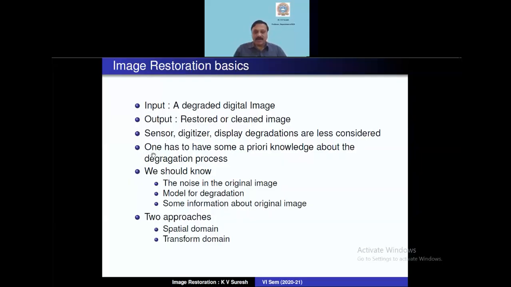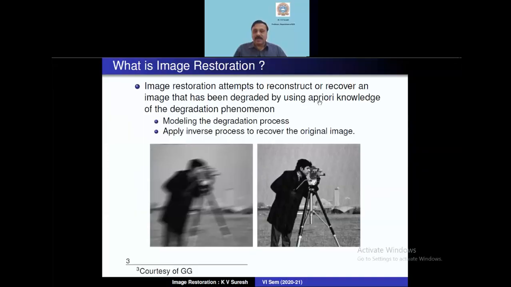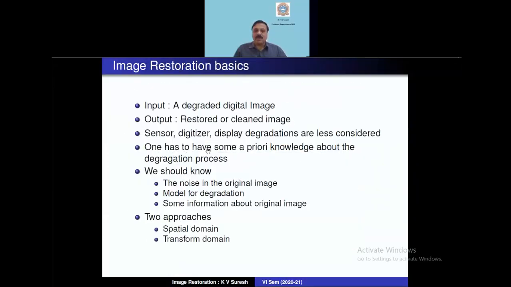Now what is important, as I already told you, is the a priori knowledge of the degradation phenomena. So one has to have some a priori knowledge about the degradation process. That means I should know how the image is captured, how I got this type of degraded image. This has to be known.